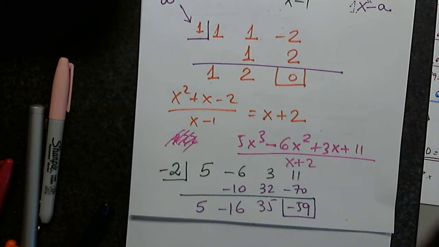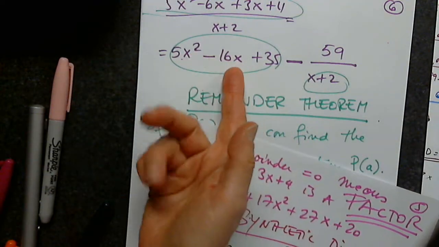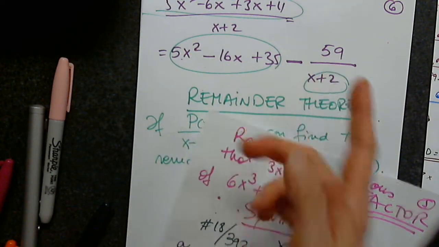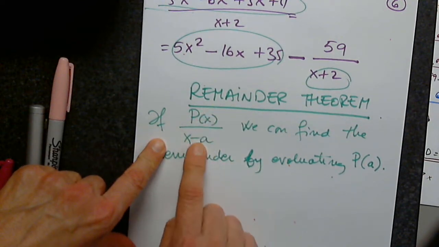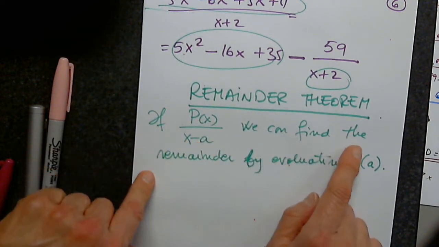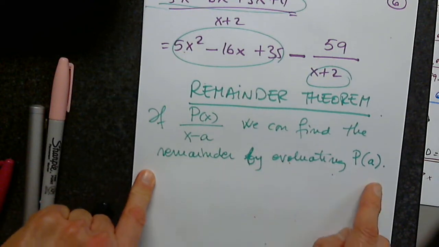What should the answer be? Okay. Negative 59. So if I have such a division, I can find the remainder by evaluating P of a.